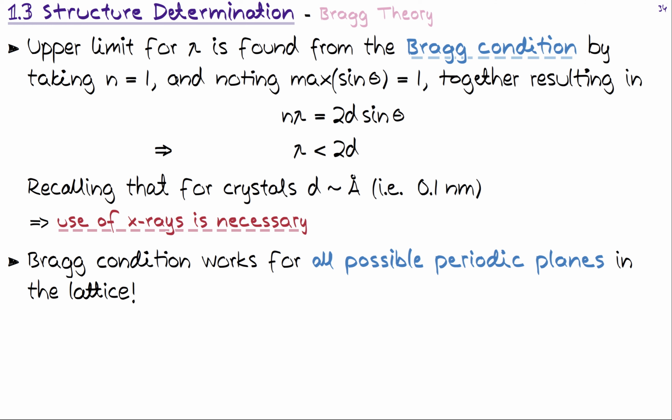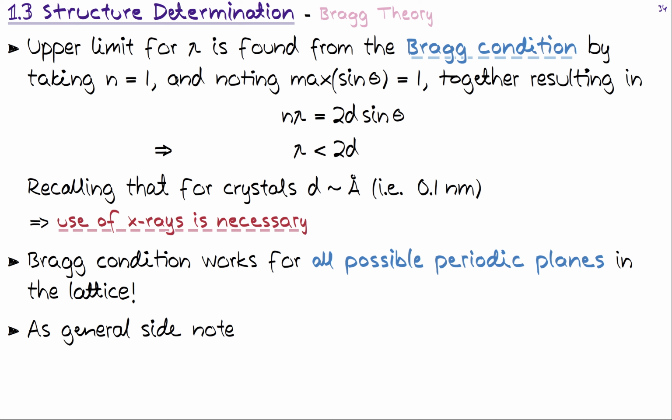There are actually a lot of those in any crystalline structure, and the Bragg condition works for all of them. So we see right away that we must somehow generalize our treatment so that we can also understand the other planes in question. This is what we will do next, but we will need to make a little detour from actual X-ray diffraction into the concepts of how we define these different lattice planes.